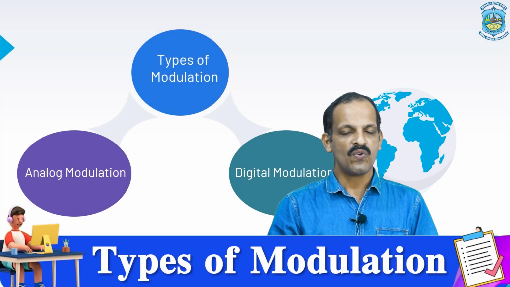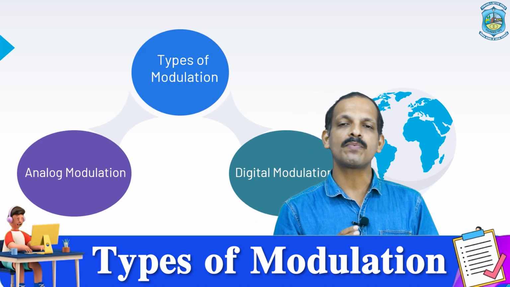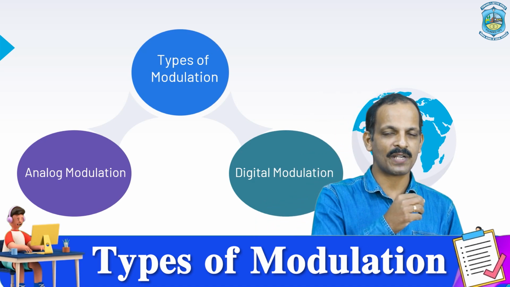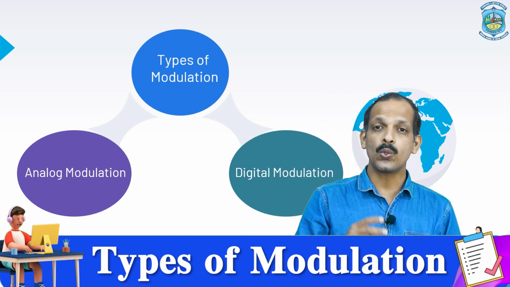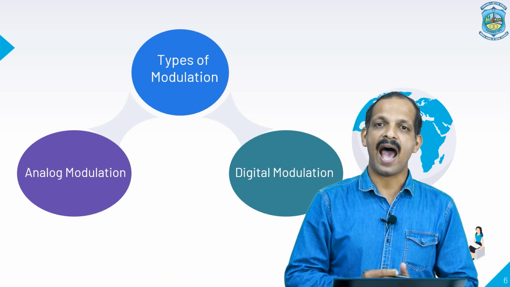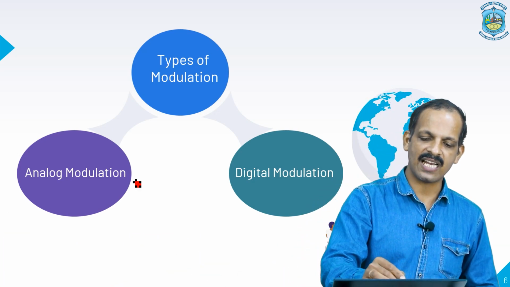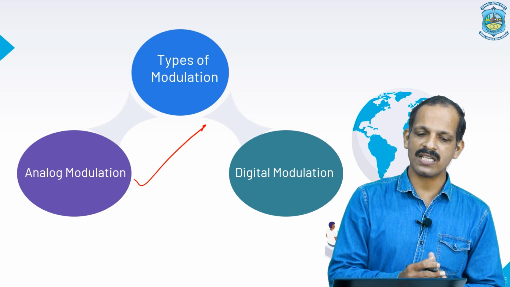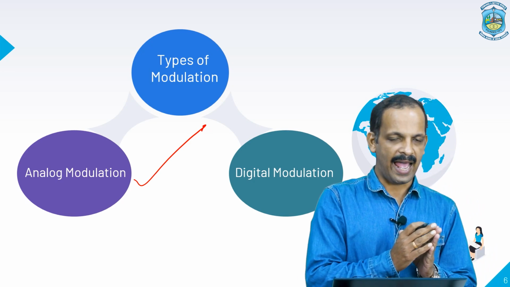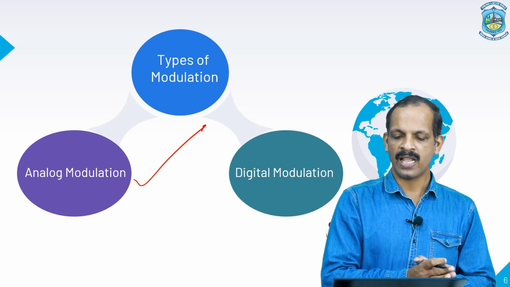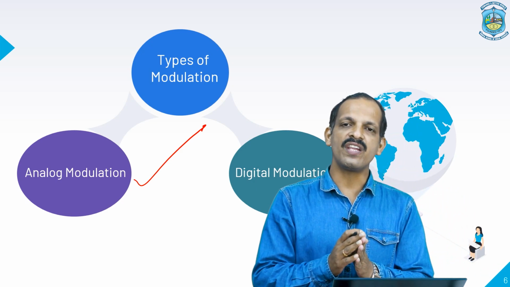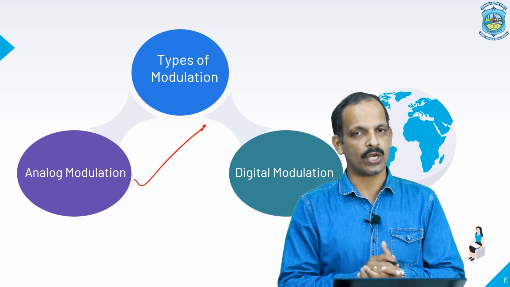Next, we are going to check the different types of modulation. Already in the previous session we learned that there are two types of signals, analog signal and digital signal. For analog signals we need to use analog modulation, and for digital signals we need to use digital modulation.